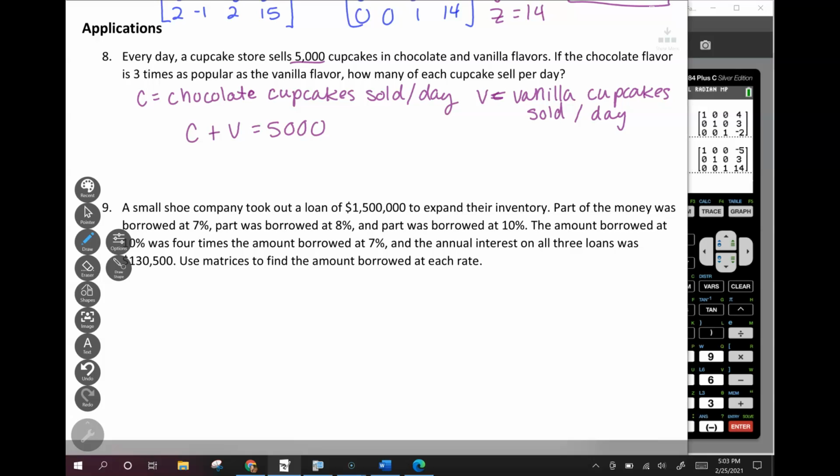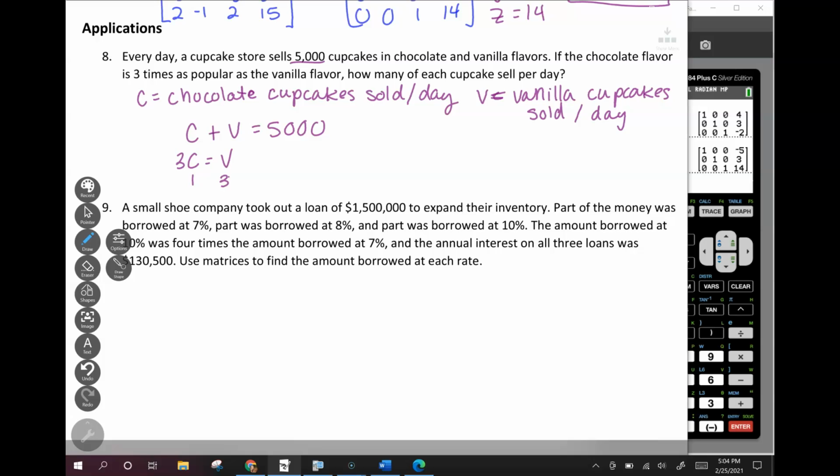And then they say the chocolate flavor is 3 times as popular as the vanilla flavor. So be careful with this one because our instinct might be to say chocolate is 3 times more popular than vanilla. But that's incorrect because then you're saying if they sold 1 chocolate, they would sell 3 vanilla, right?